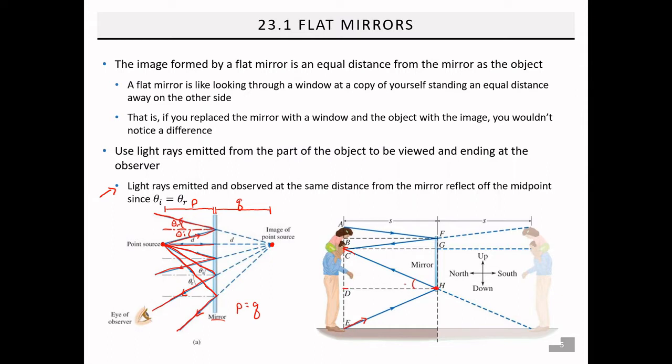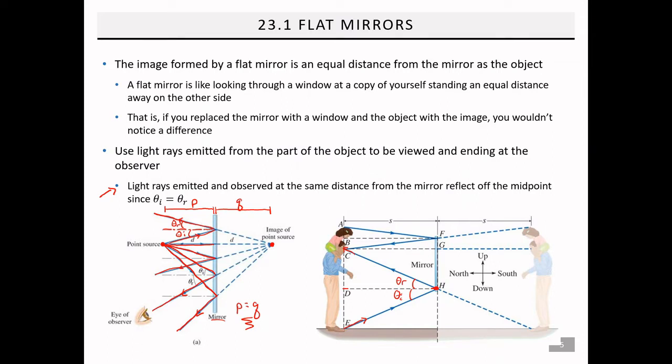Right there. And that is because theta r is equal to theta i. You could prove this midpoint rule is true using geometry, and this statement that P is equal to Q. You could also prove this with geometry, but as far as I'm concerned, we'll just take these as facts and move on.